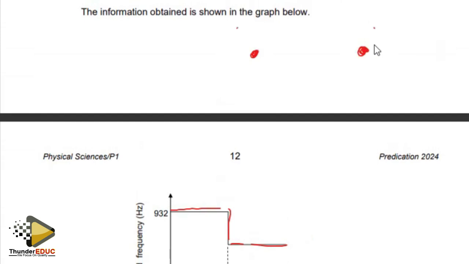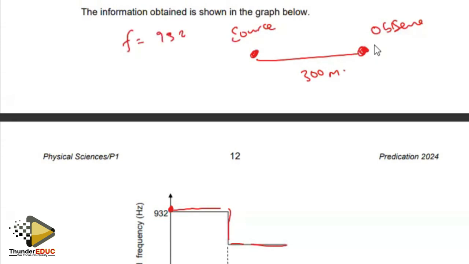So if this is the source, this is the observer or the listener, they're telling us that the distance there is 300 meters. But we already have the frequency. Okay, the frequency is 932. So at this point, the listener is getting 932 hertz of frequency.